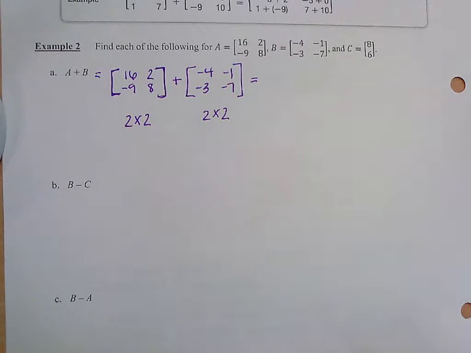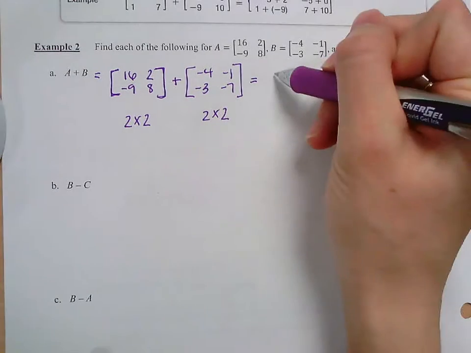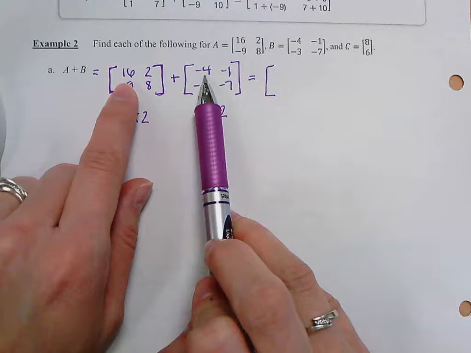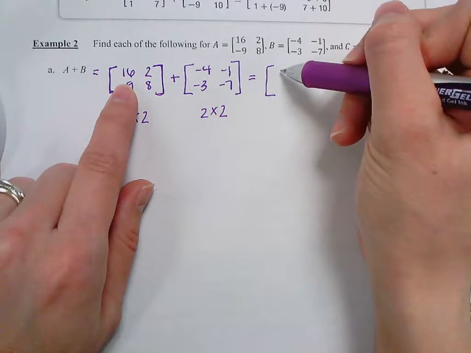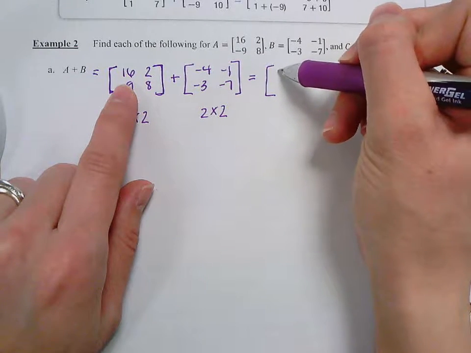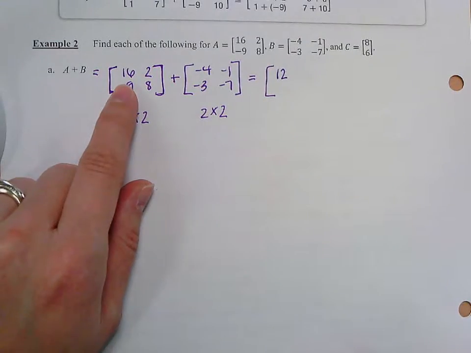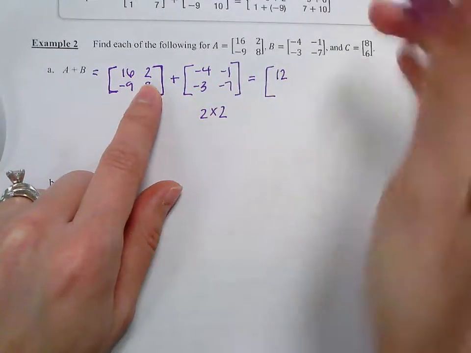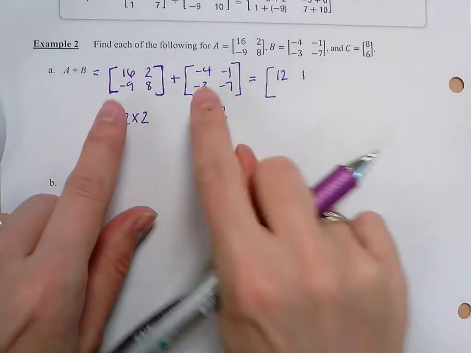So then I would just add the corresponding elements. So in my answer, I'm adding the 16 plus -4, and that goes again in the same position in your answer matrix, so that's 12. Then in row 1, but column 2, the second one, 2 plus -1 is 1.